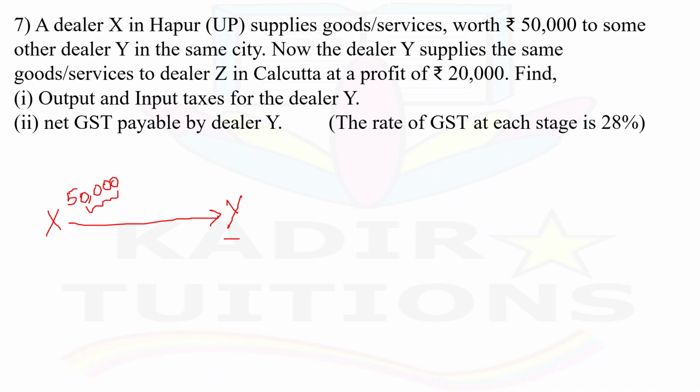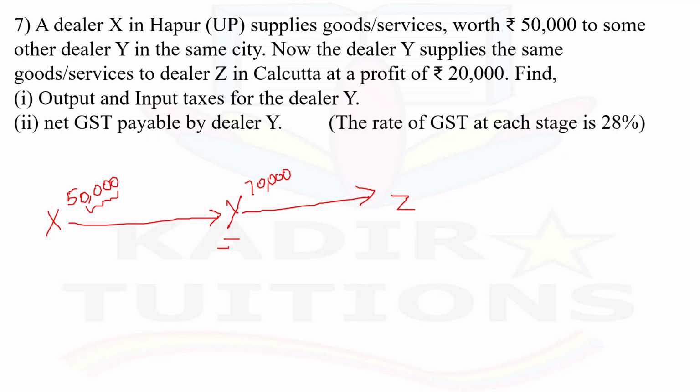Now this Y person is going to supply the goods or services to a dealer Z in Calcutta at a profit of 20,000. Then what will be the selling price over here? 50 plus 20 is going to be 70,000. So the dealer Y is going to sell the same goods or services which he received from X for 50,000. He is selling for 70,000 now with a profit of 20,000.